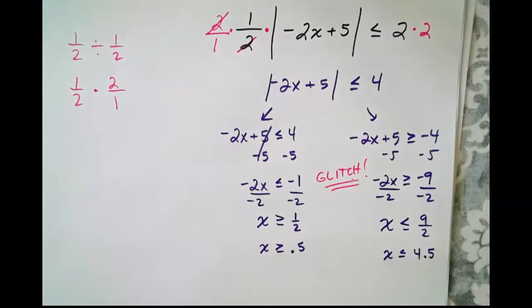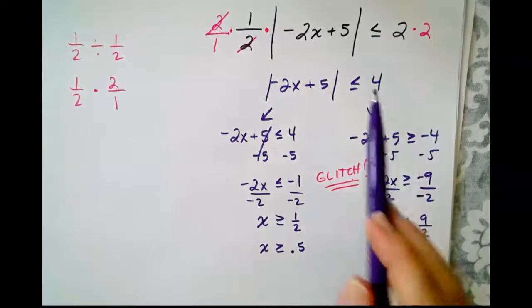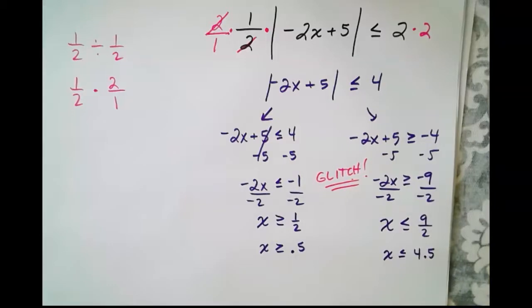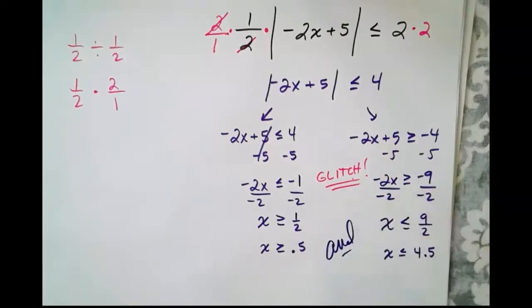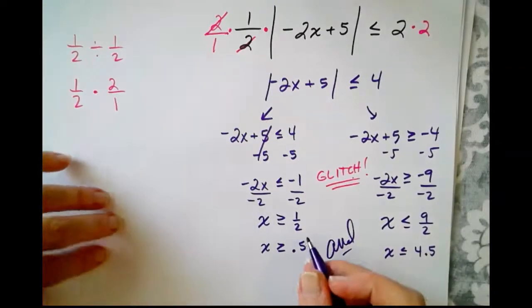So here's what we've got. A less than situation originally. Our answers are greater than 0.5 and less than 4.5. So this is still going to be a conjunction.